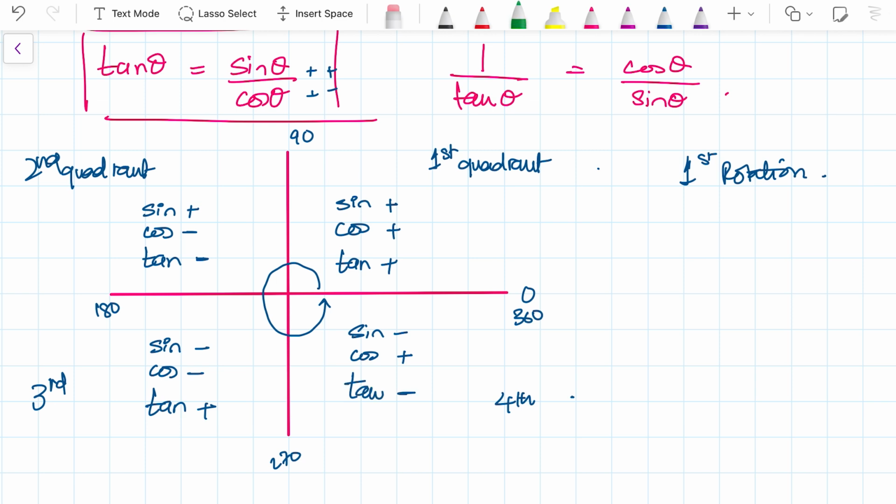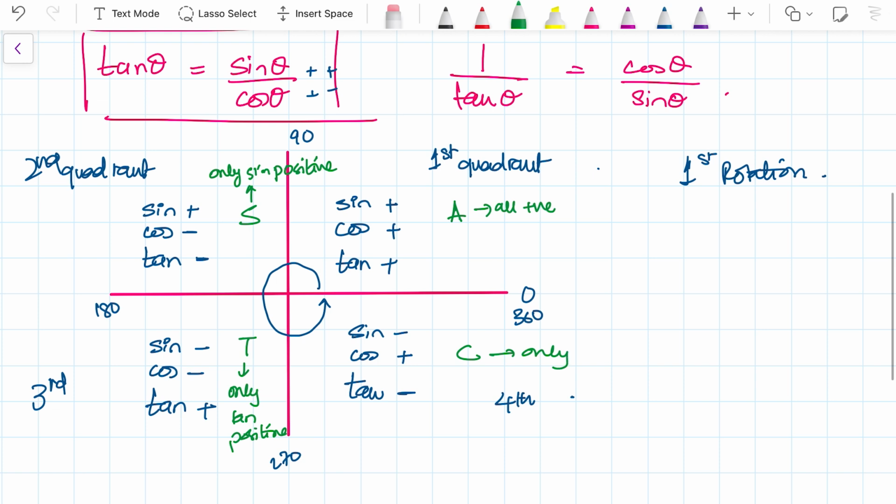So we often refer to it as A, S, T, C. All positive, only sine positive, only tan positive, only cos positive. So this is also one way of understanding the signs of a trigonometric function and learning them.